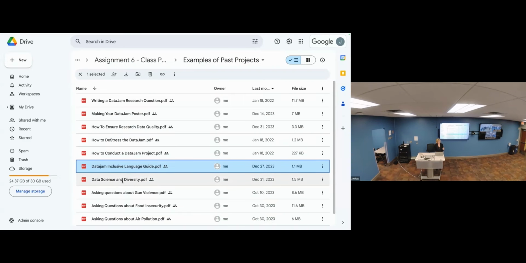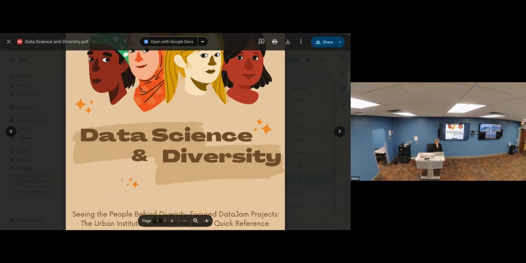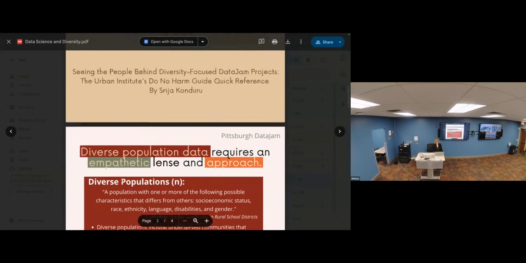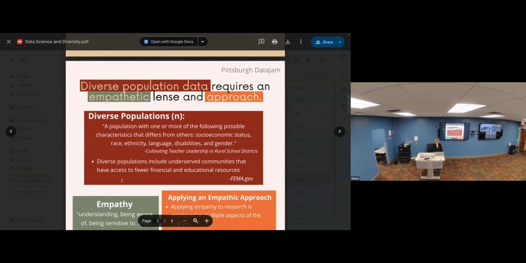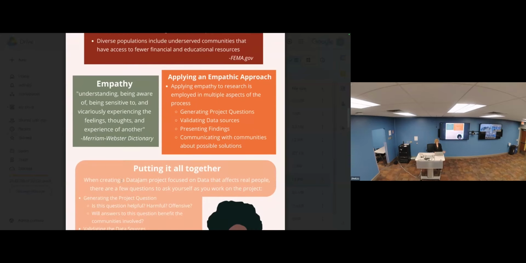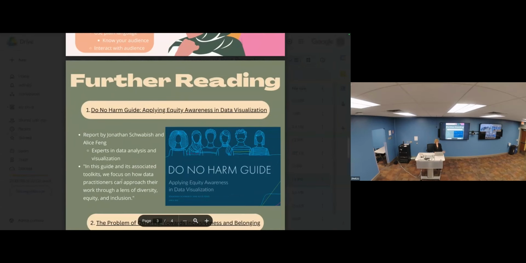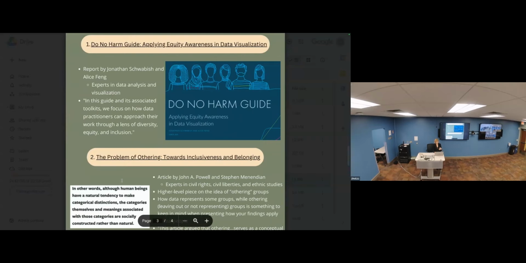Again, in that same theme, we have data science and diversity, a guide made a couple of years ago, and it looks at diverse populations, having empathy for those populations, applying an empathic approach, and then putting it all together, and then some further reading.